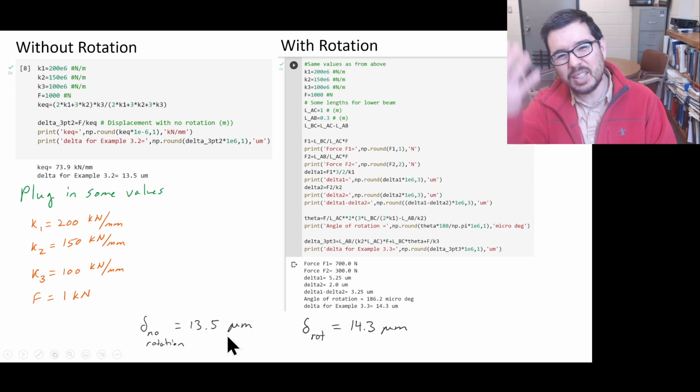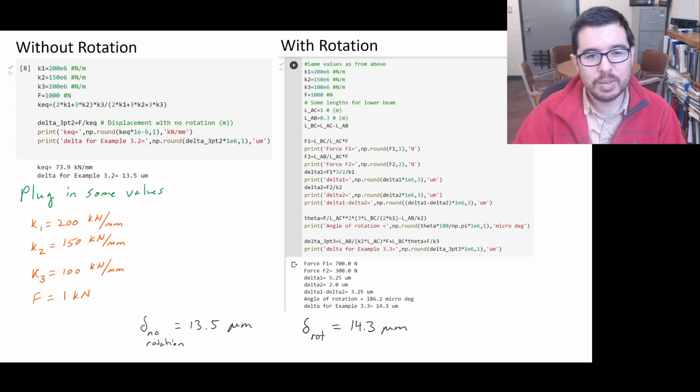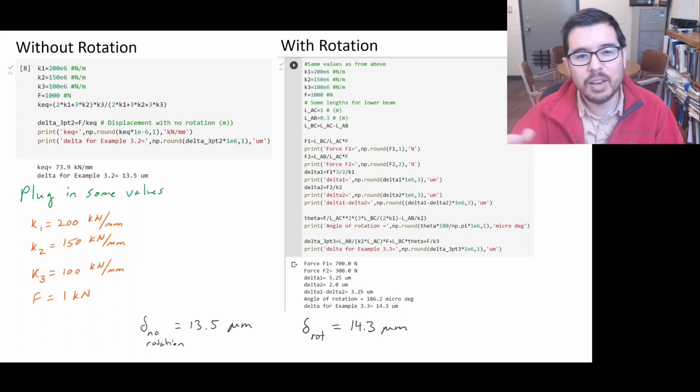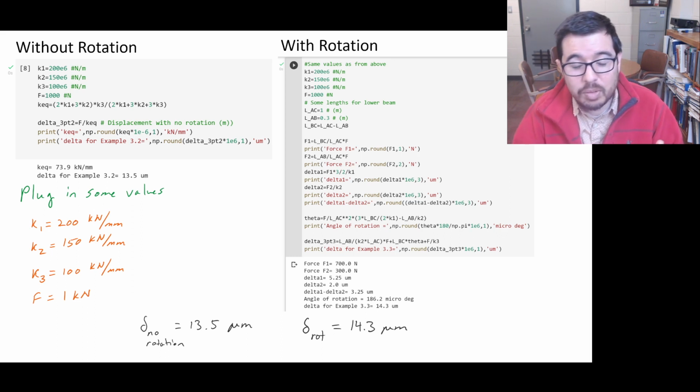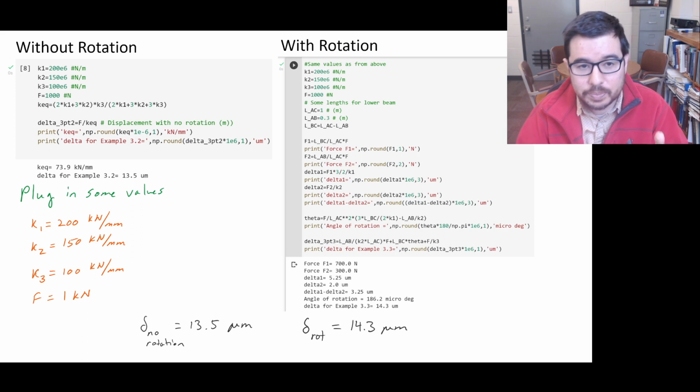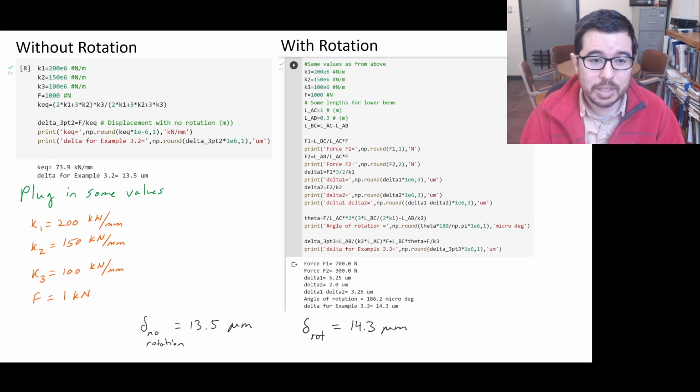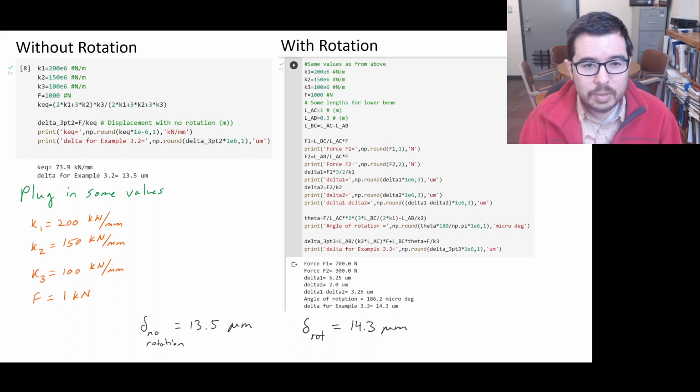So you're like, what's the point? Well, we've gone through this exercise as more precise, accounting for rotation. But if I'm just concerned about displacement, it's probably going to be pretty hard to distinguish the two of these systems from each other. But what happens if we change the parameters a little bit?